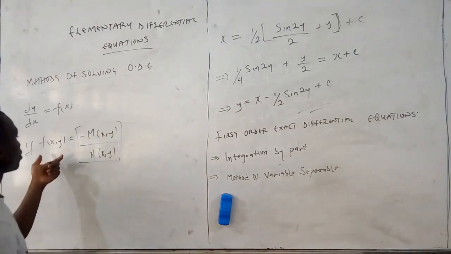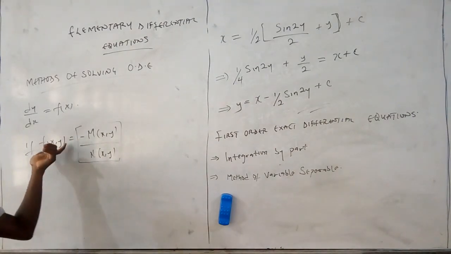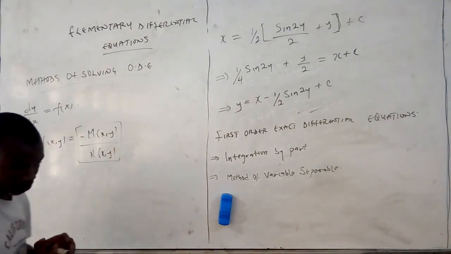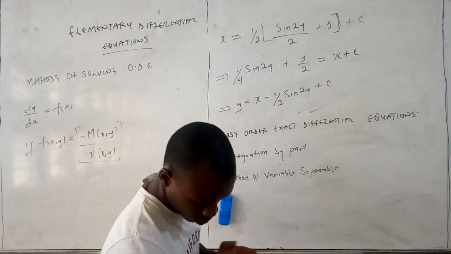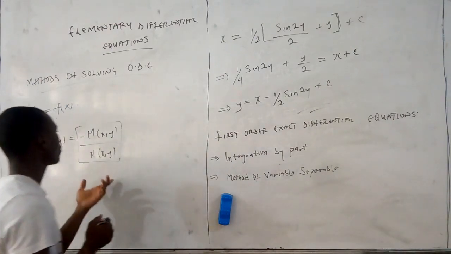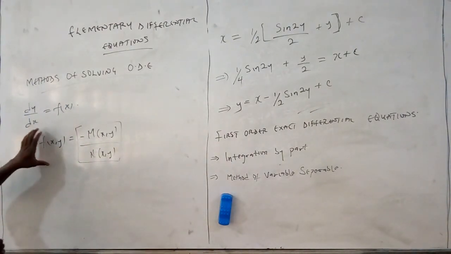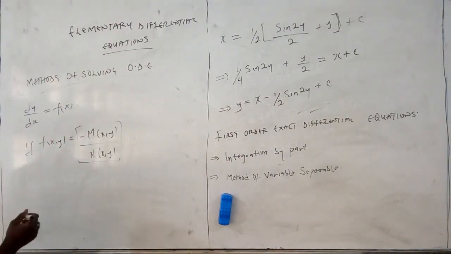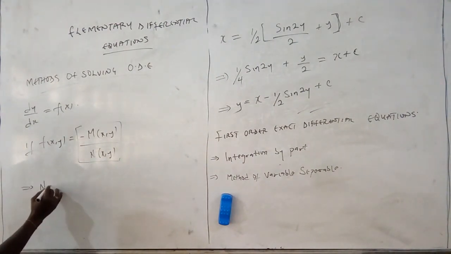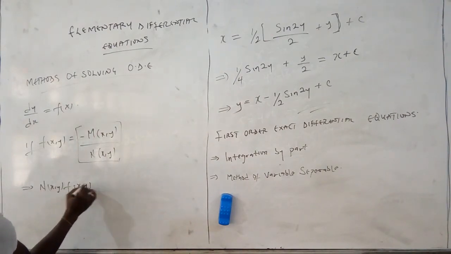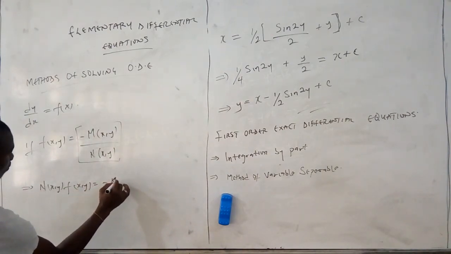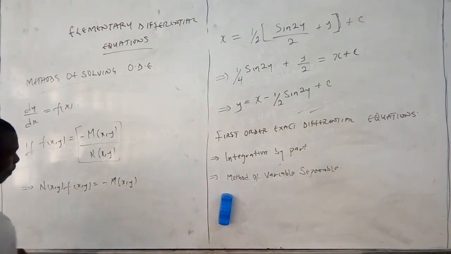We'll use this to substitute for f of (x, y). So from here, if you cross multiply, you arrive at N(x, y) f(x, y) is equal to minus M(x, y).